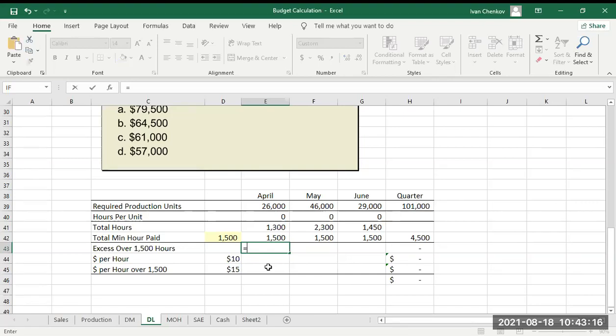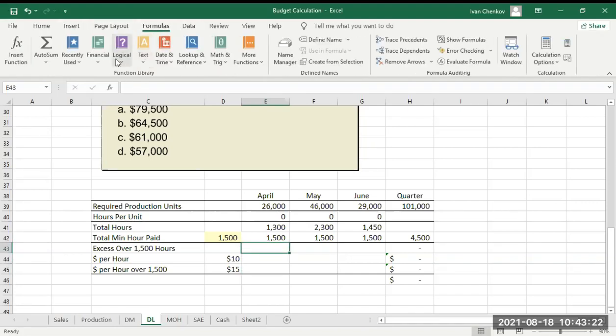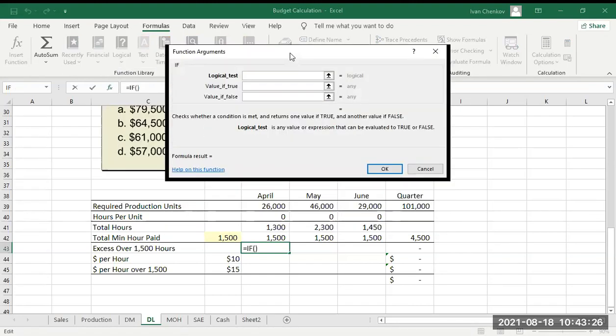How are we going to get this formula? Let's put a condition here. Under formulas, let's go to logical. If this one is less than that one, if that's true, then it's 0. If it's false, then it will be this one minus that one, correct?